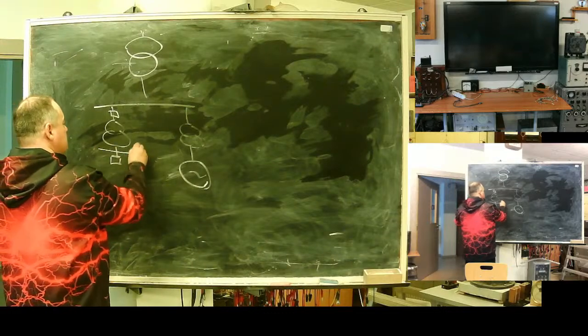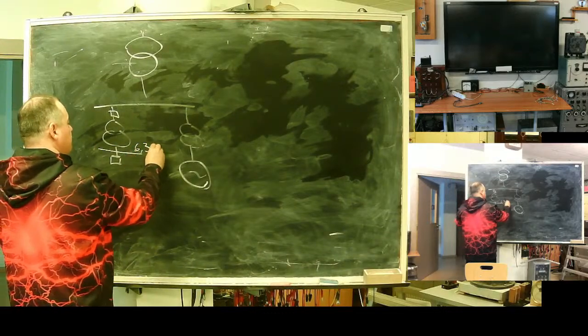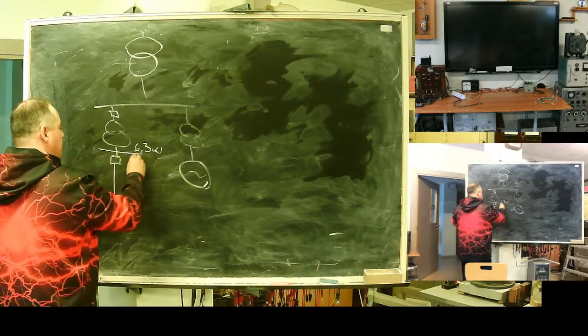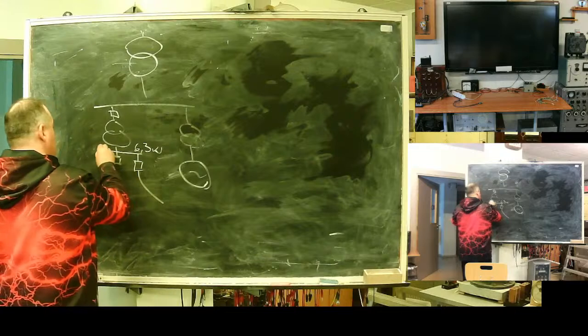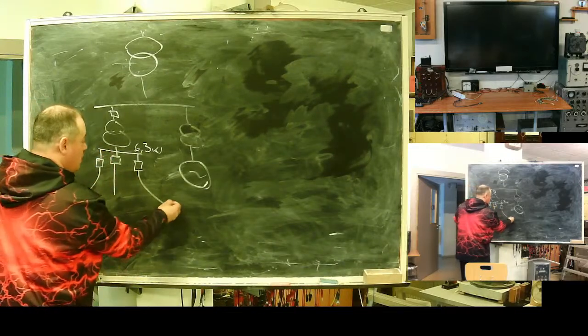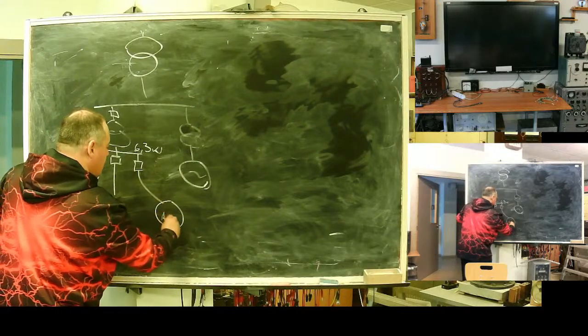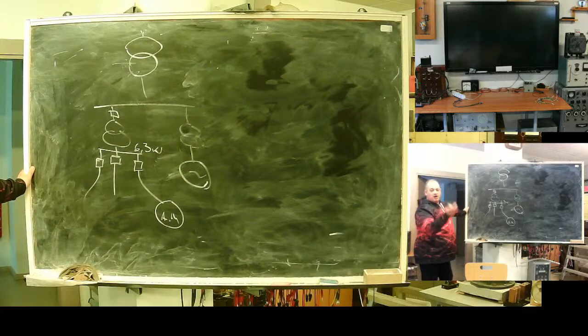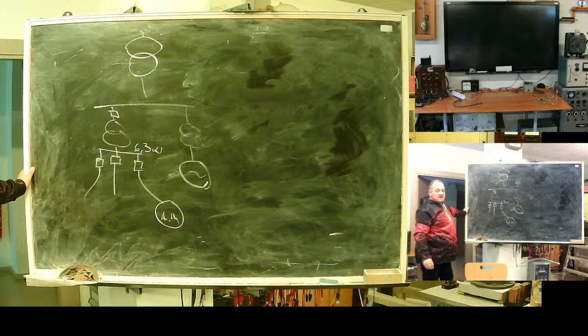Here, very possibly it will be a 6.3 kilovolt bus, self-supply transformer with multiple loads. One is a very large asynchronous machine. It's a water pump supplying the main boiler. And the others are much smaller.